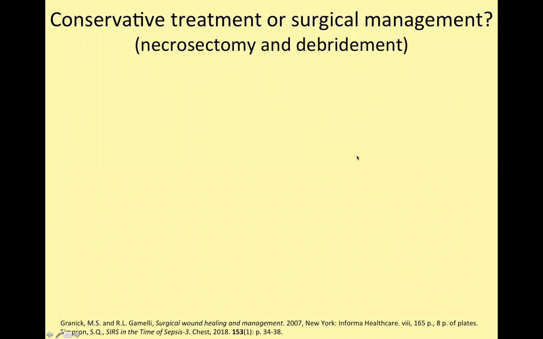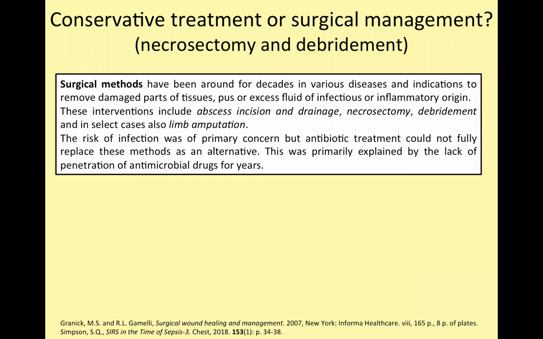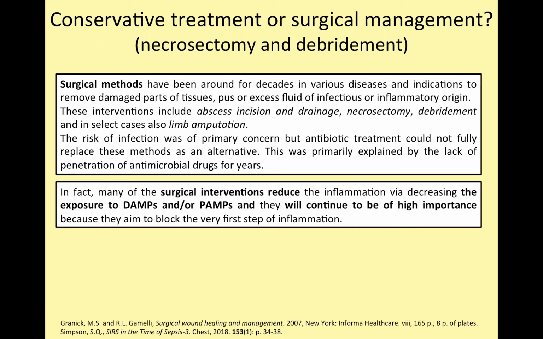Surgical treatment options are also present. For example, necrosectomy or abscess drainage can be used. So the drainage or even limb amputation might be an option in certain cases. They are not the opposite of conservative treatment, though quite often they are believed to be just the alternative option to it.